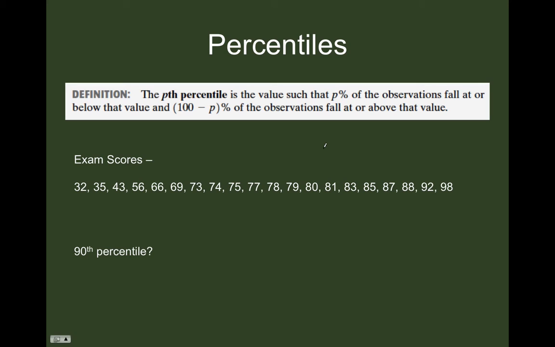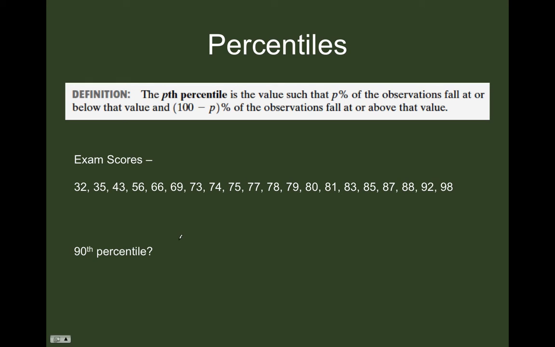Now, just to give another example of this percentile concept, I wanted to demonstrate the 90th percentile. So what would the 90th percentile here be? To calculate it, we figure out how many data values we've got to go to cover 90% of the data.